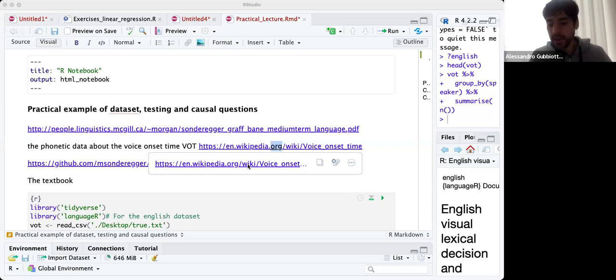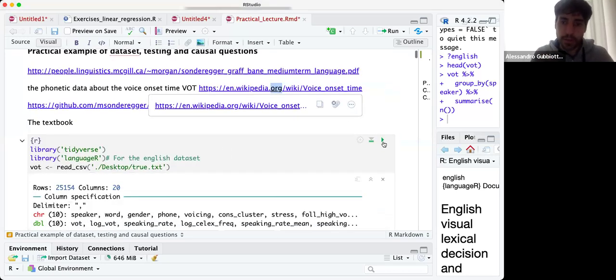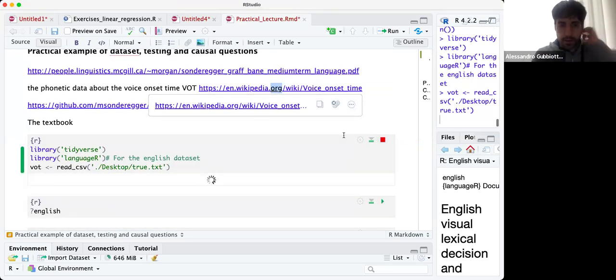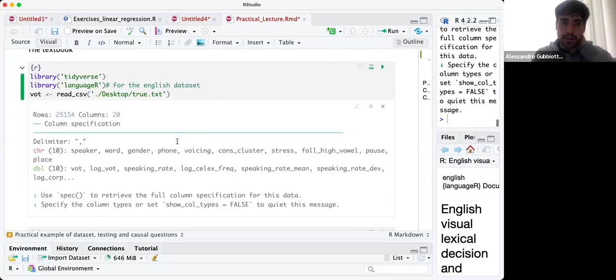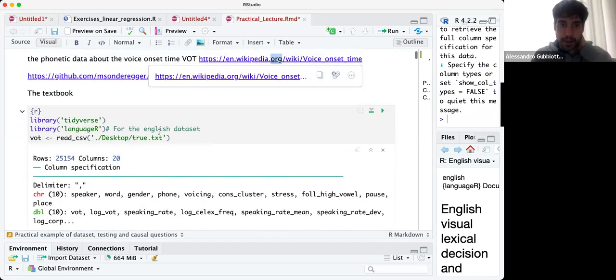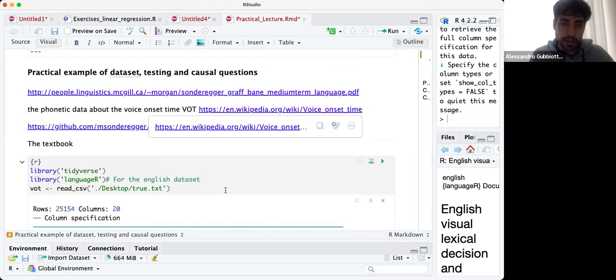And yes, the dataset actually contains, of course, let's download it, so we will see it. It also contains a column that tells you if the word that they use is voiced or not. So let me first review a little bit.